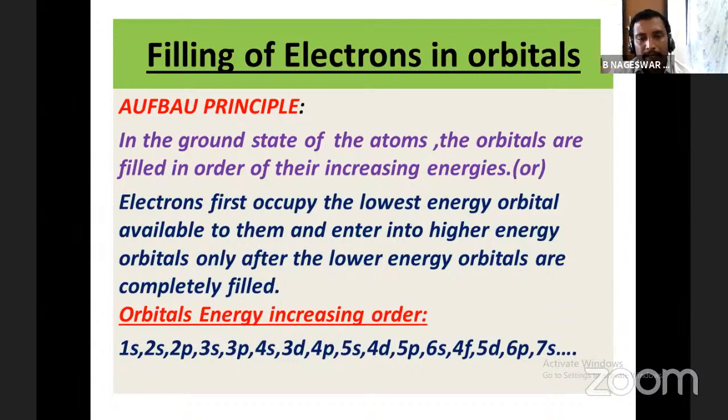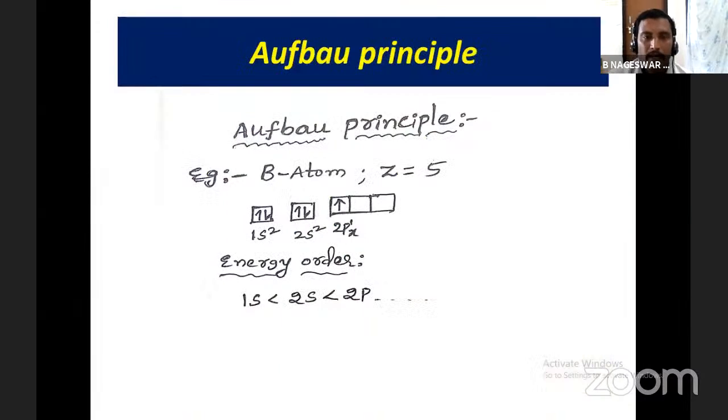That means the n plus l values increase. That is why we follow this order. According to the Aufbau principle, lowest energy orbitals fill first, and only after that do we fill higher energy orbitals. Children, I am taking the boron atom.